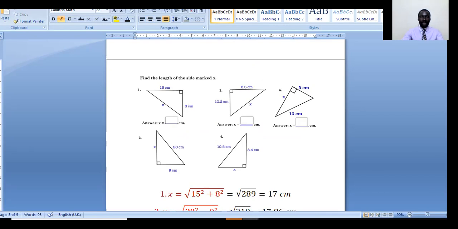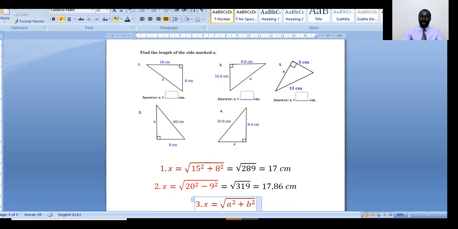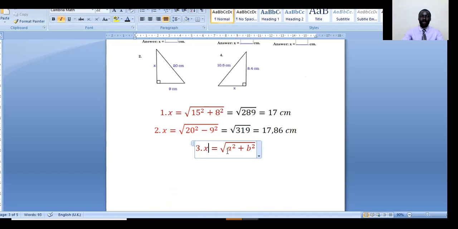What you will get as your final value for x will be the same. So let's substitute a with 6.5. Then b is substituted with the 10.2.